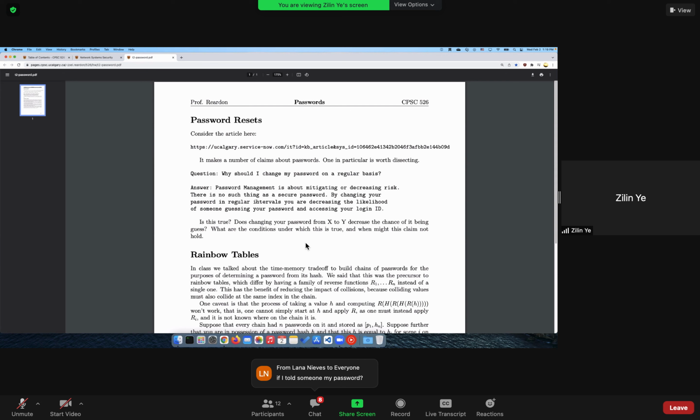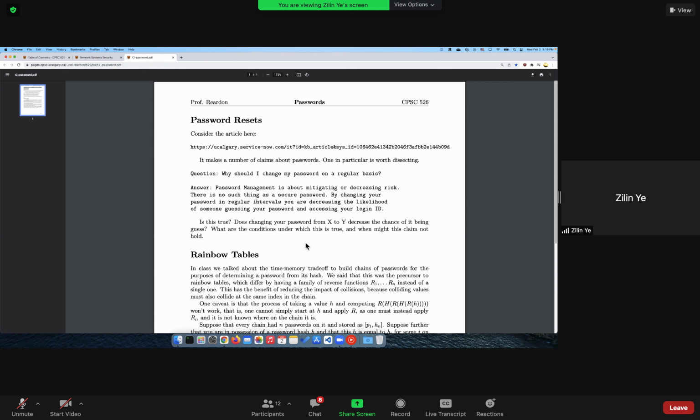If I told someone my password, yeah, that's exactly true. If you told someone your password, then you have more people knowing the password, and that guy maybe tells your password to another guy, and this is endless, right? So that might be true if you want to reset your password. And also, if the database is compromised and the database storing your password is in plain text or uses an unsafe hash function, or other unsafe ways to store the password, in a data breach.